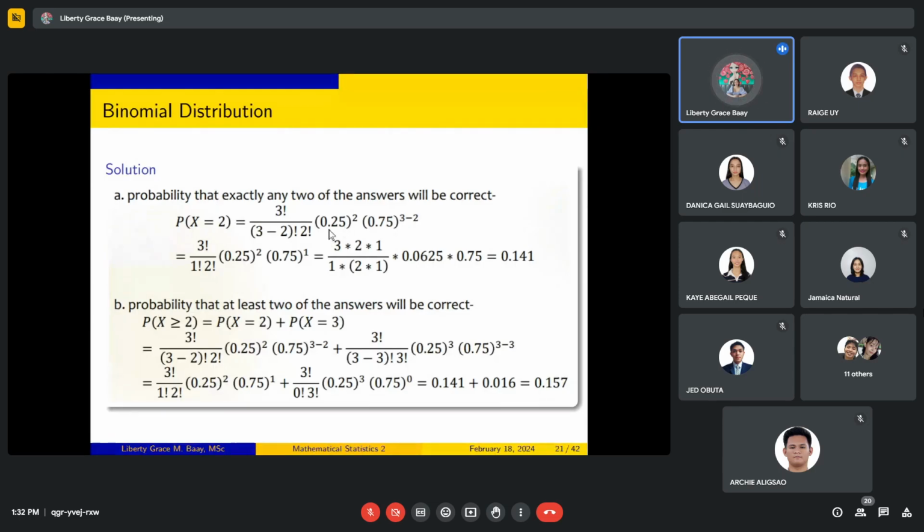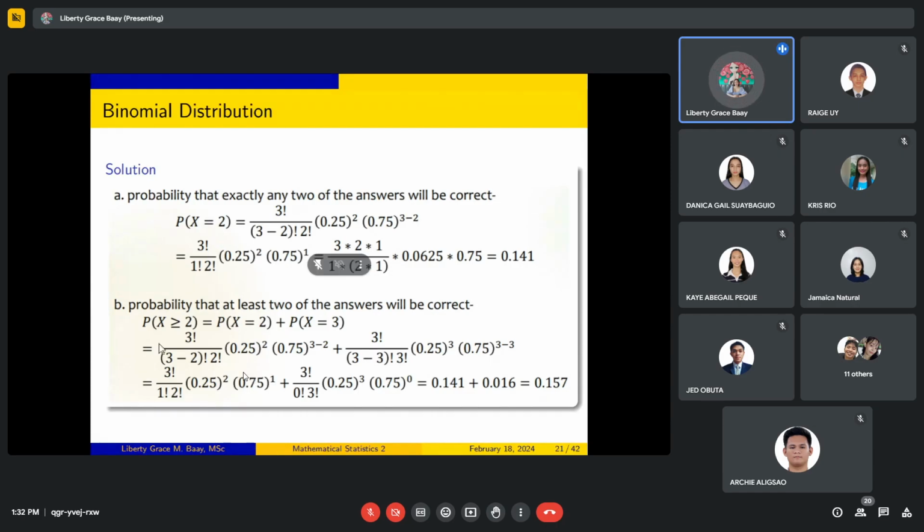The 0.75 is because 1 minus 0.25 is equal to 0.75. Calculating, the answer is 0.141, or 14.1%. Take note, class, that probability ranges from 0 to 1. It will not go beyond 1.